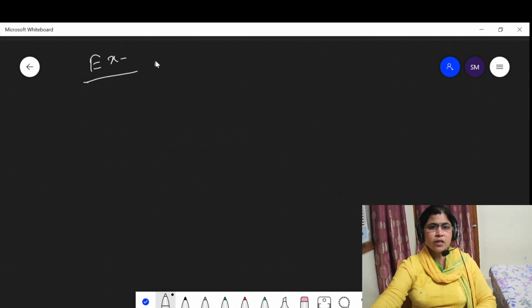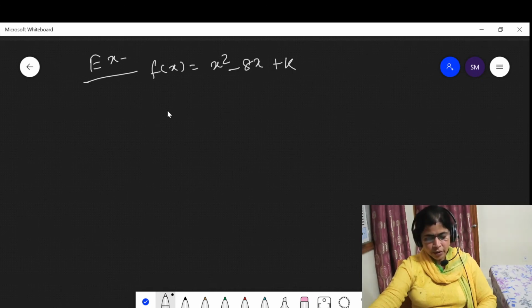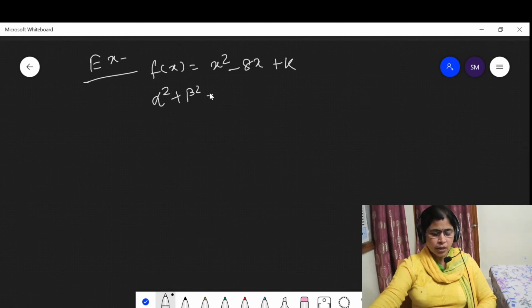Here the question says that the polynomial is given, f(x) is equal to x square minus 8x plus k, and the sum of the squares of the zeros is 40. This means alpha square plus beta square is given as 40.